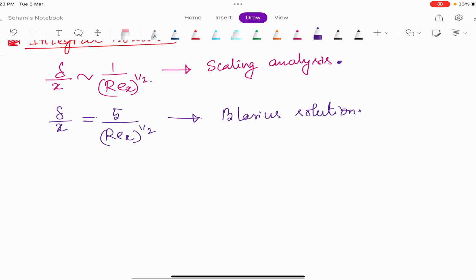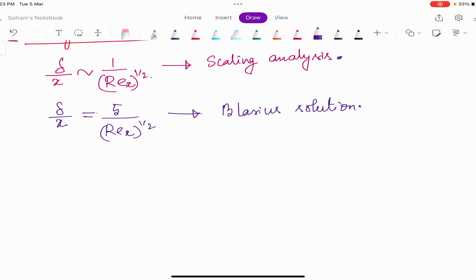So this is something very rough, but it is very important because as an engineer, if you want to know what will happen if I increase the length of my plate, if I increase the distance x at a section A and at a section B, and you want to examine what will be the delta or the tau wall at B compared to A, then this scaling analysis is there.